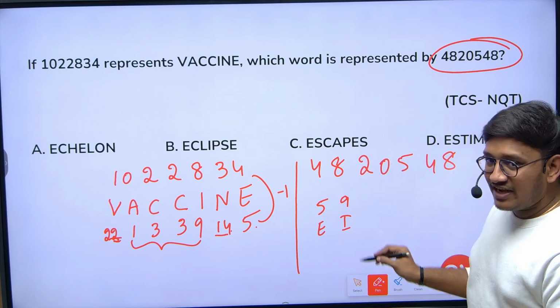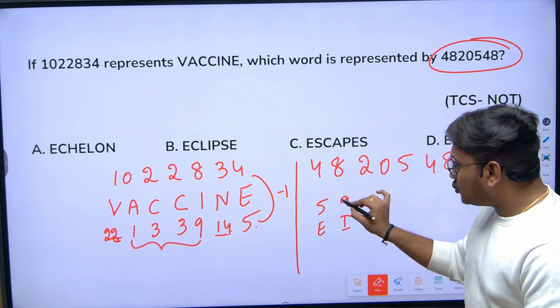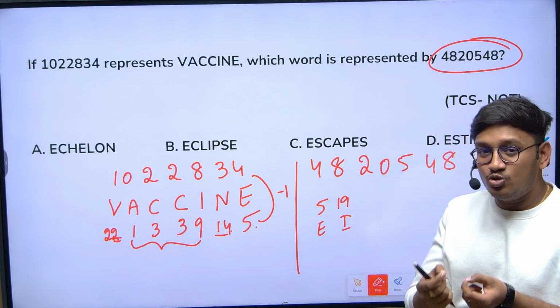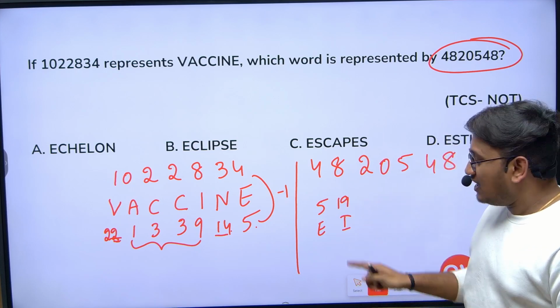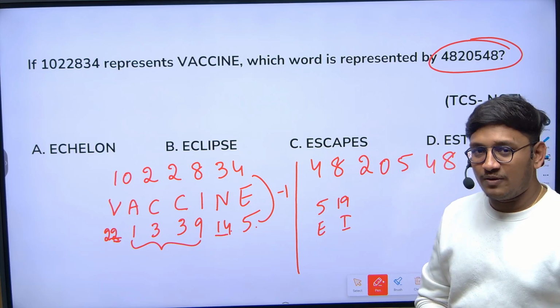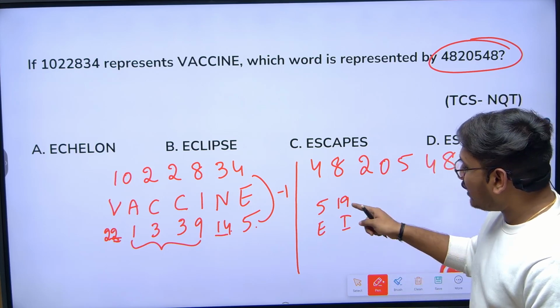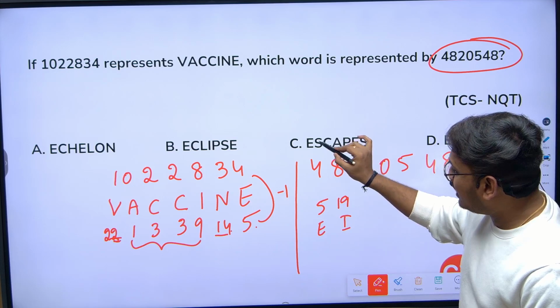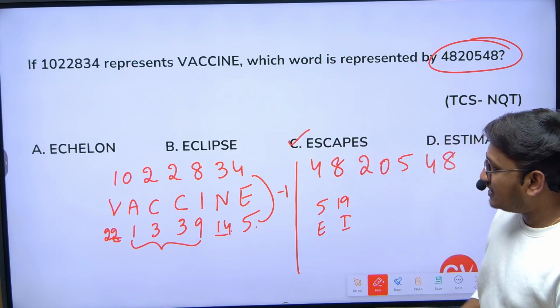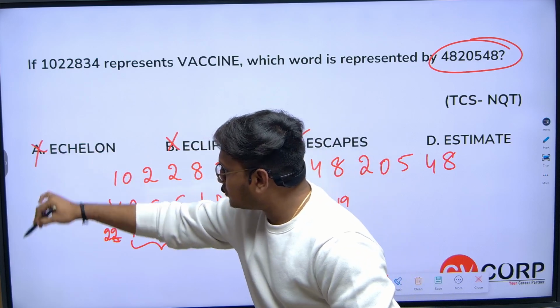It should be 19, because when it is a 2-digit number, we are considering the units place. Which alphabet has the place value 19? S is the letter with place value 19. So I can say option B is wrong, and option A is also wrong.